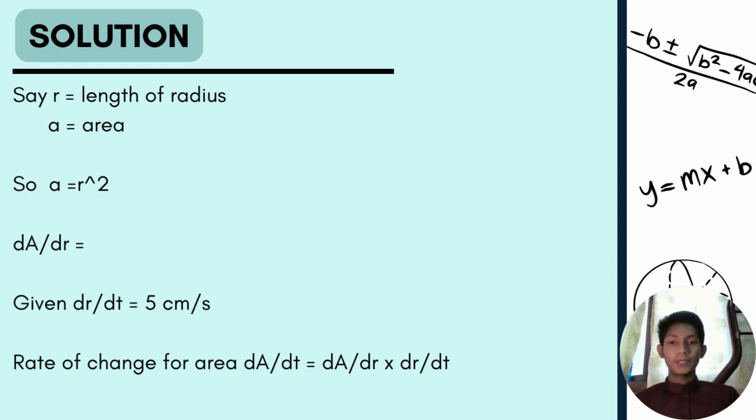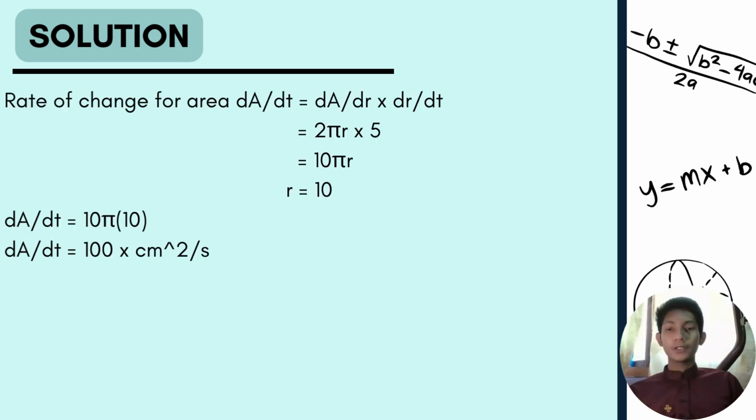Rate of change for area, dA over dt, equals dA over dr times dr over dt, equals 2 pi r times 5, equals 10 pi r. r equals 10. dA over dt equals 10 pi times 10. dA over dt equals 100 pi centimeters squared per second.